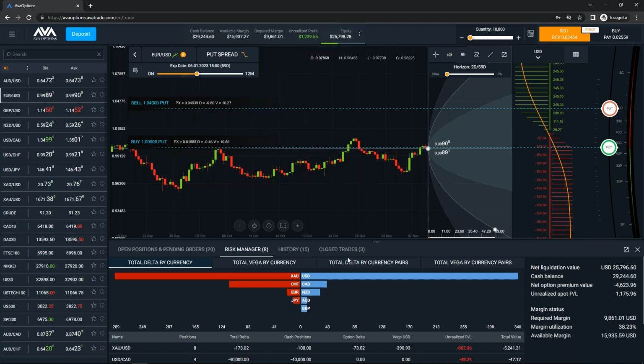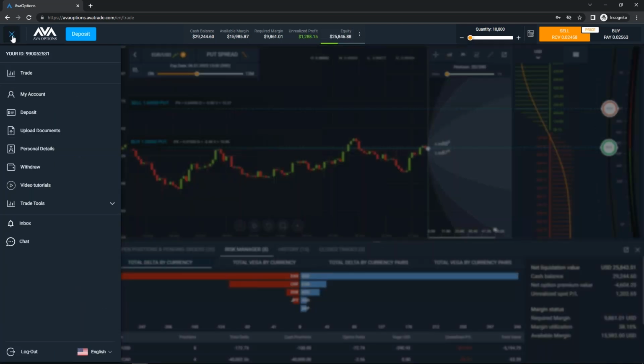Any other questions? Definitely log in, play with this system, get a demo account if you don't have one. And here on the side menus, you can upload documents, you can make deposits and withdrawals. You have access to all of your positions, all of your accounts when you log in through the Ava website. We have chat.